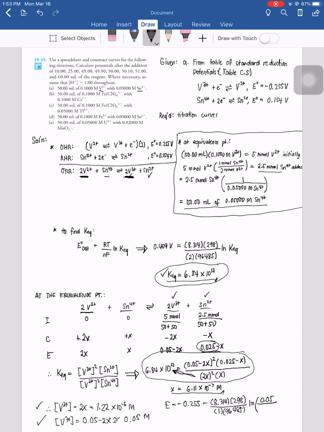Looking at the overall redox reaction, that should be 1.22 times 10 to the negative 6 on the denominator. So plugging all of this into our calculator, we now get our value for the cell potential at equivalence point.